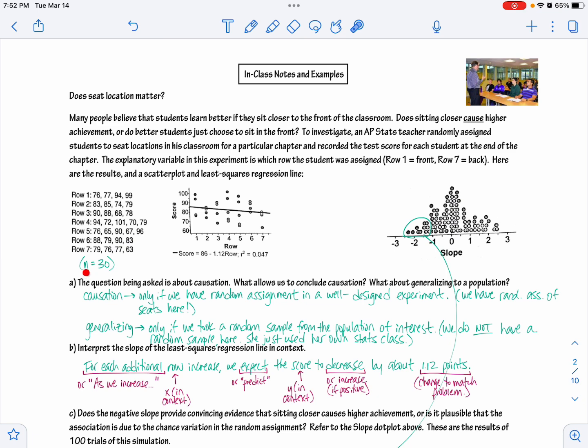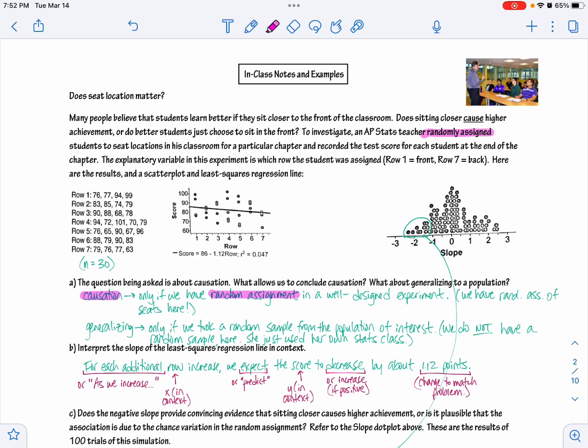But letter A, the question being asked about is causation. What allows us to conclude causation, and what about generalizing to a population? This is chapter 4, by the way. Just remember that in order to use the word cause in stats, we must have random assignment within our experiment, which we did. We randomly assigned our students to rows, okay?